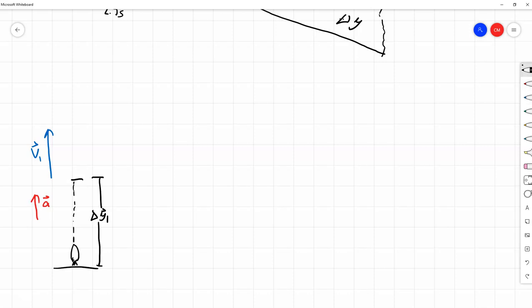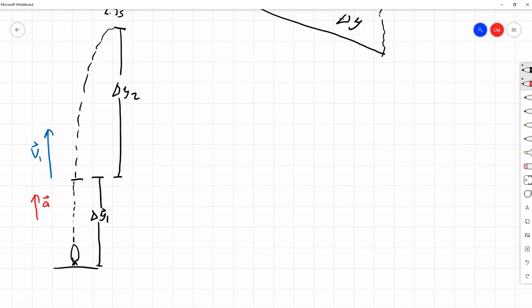When the engine shuts off, the rocket continues in the upward direction until it reaches this maximum height. Now I'm offsetting it a little bit. It's not ballistic, it's just up. Well, it is ballistic, but it's up and down, not off to the side. But I'm offsetting the height so we can see it. So then it's going to go up that distance, delta y2. While it's going up, the engine is out.